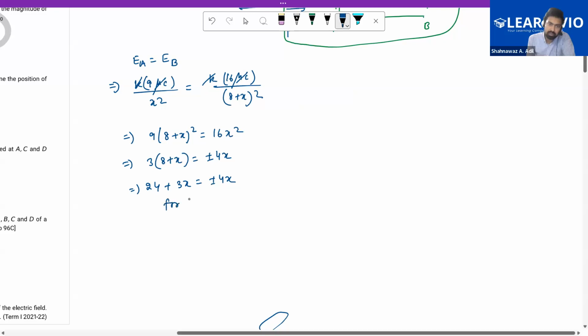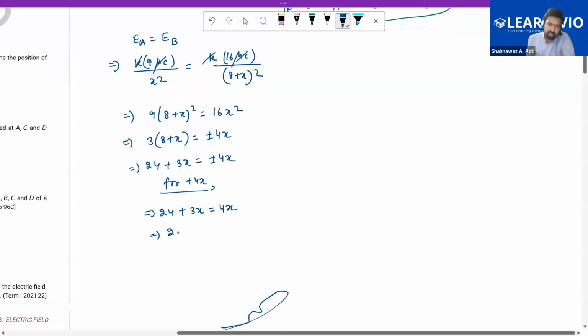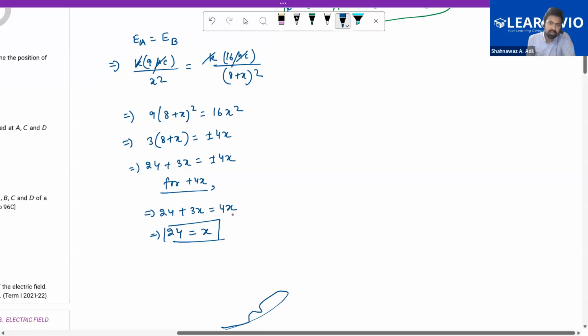So for positive 4X, this would be 24 plus 3X equals 4X. So this would be how much? This is 24, and this is X. And then if we take minus 4X, this would be 24 plus 3X equals minus 4X.